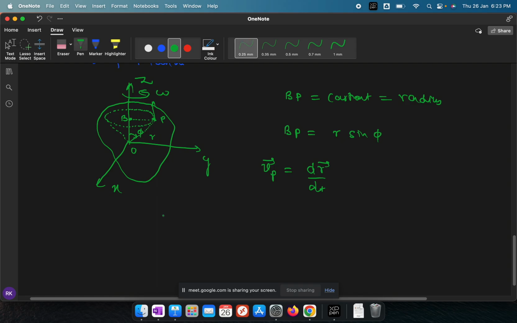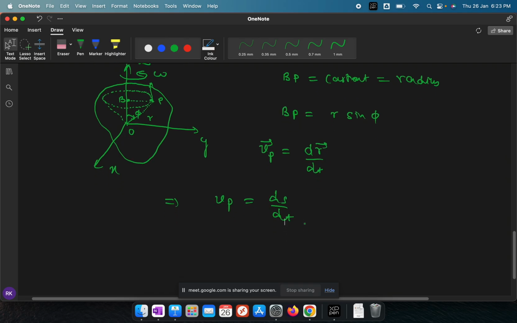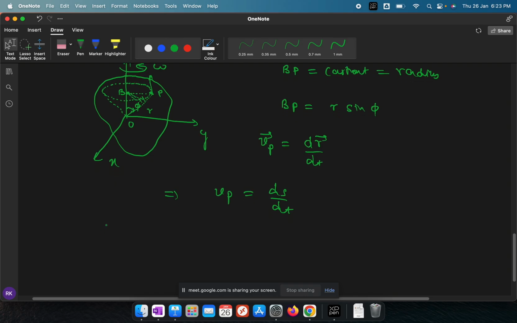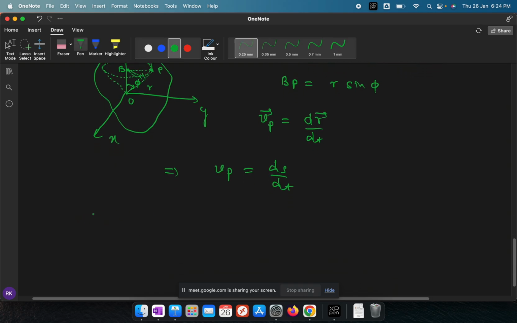If I take this as a scalar, then Vp equal to ds divided by dt. And what is ds? It is nothing but this small distance. If I write delta s, then delta s is equal to BP.